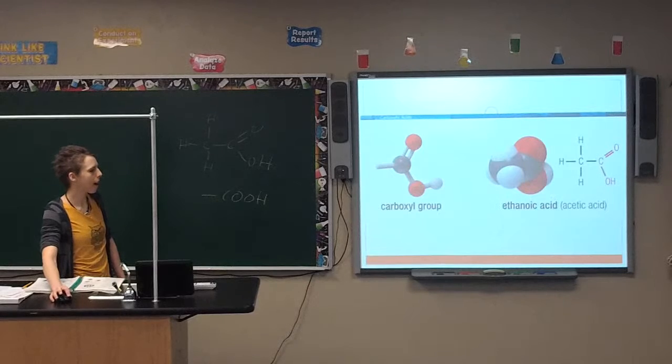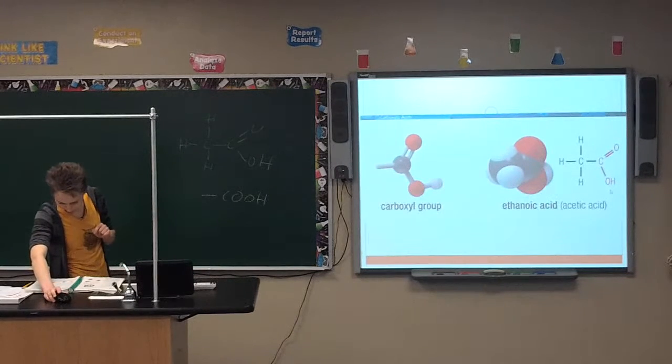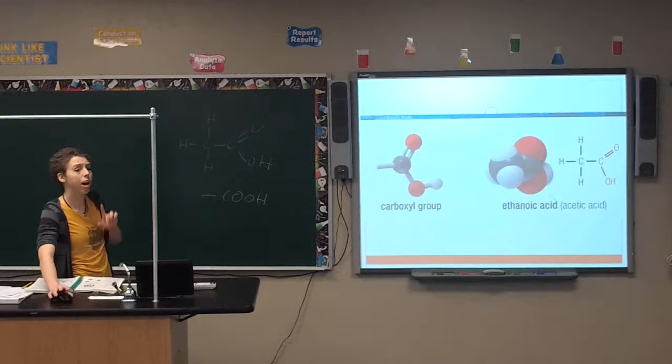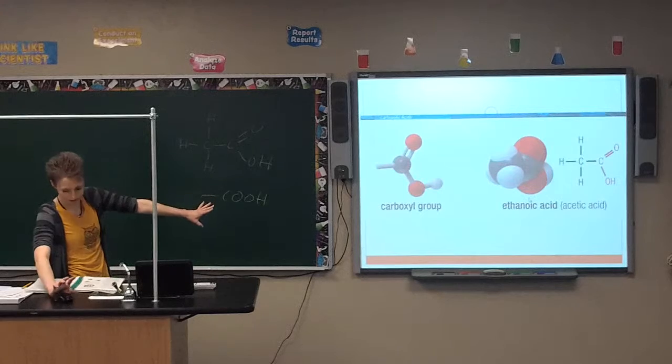Just make a note for that one, that it has the 2 C's, a double bond and then the OH. Your book points out they typically have very pungent odors, so make a note for that. Alright, so that's with the carboxylic acids.